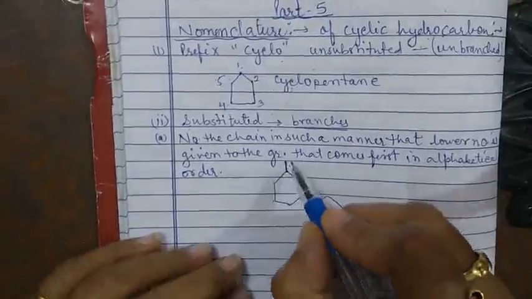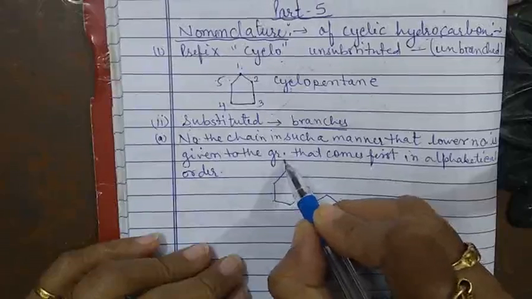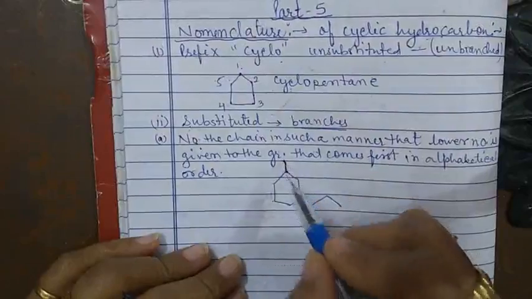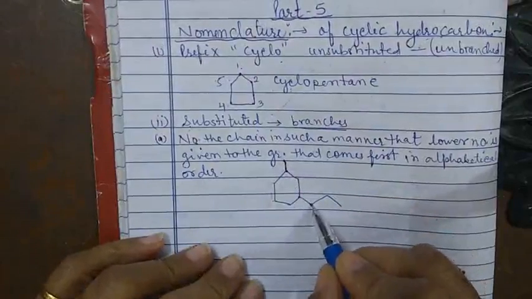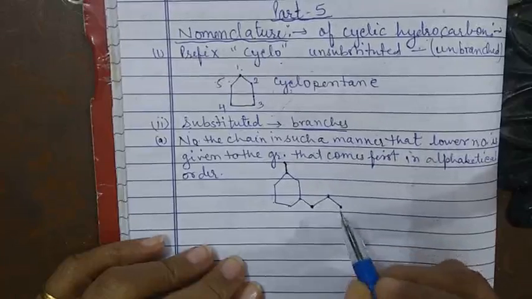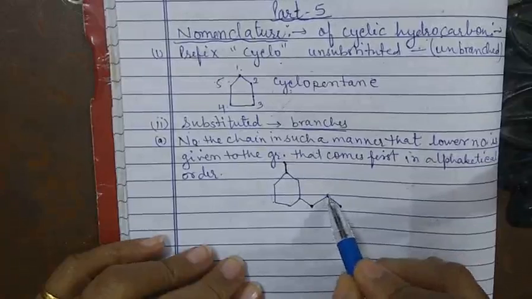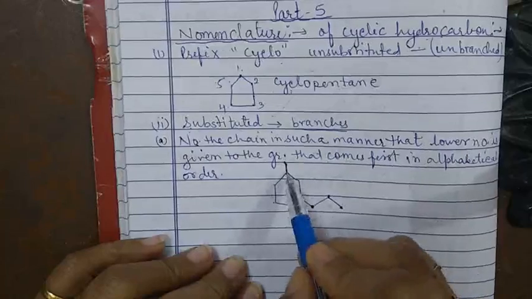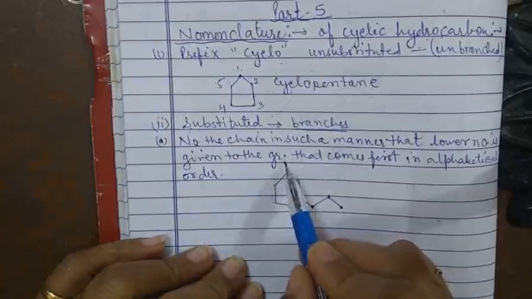Again, this position shows it contains a carbon atom. All the points show they contain carbon atoms. 1 carbon atom, 2, 3 carbon atoms are present in this side chain, and only 1 carbon atom is present in this other side chain.